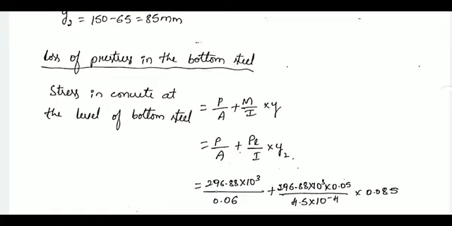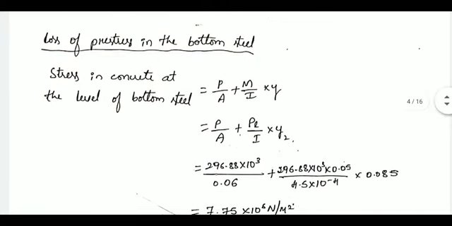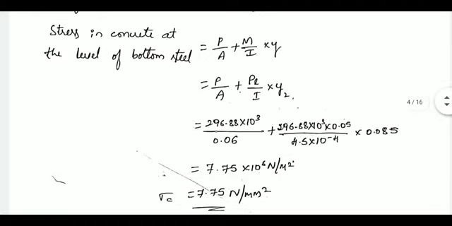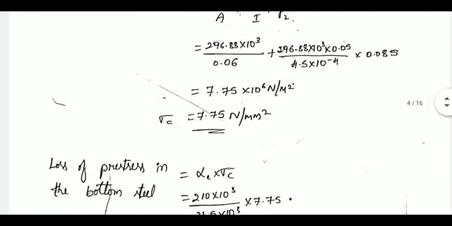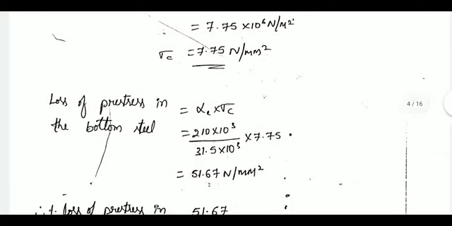So first we have considered the bottom steel, that is 15 number of wires. P by A plus P e by I into y2, that is the distance between the 15 wires and the centroid of the overall section. There we have got the sigma C value. Calculate the loss of prestress. The elastic modulus of steel and concrete are given, so the modular ratio, and you consider the sigma C value.